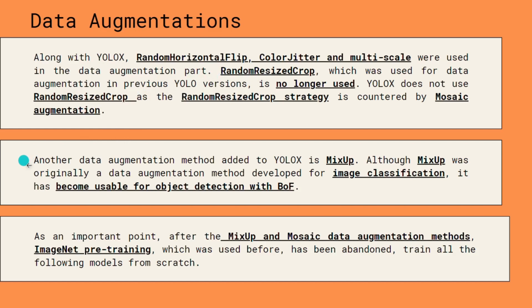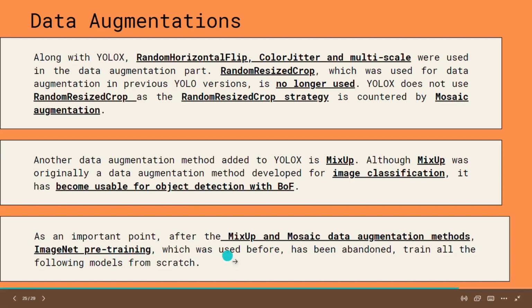Another data augmentation method added to YOLOX is mix-up. Although mix-up was originally a data augmentation method developed for image classification, it has become usable for object detection with bag of freebies. As an important point, after the mix-up and mosaic data augmentation methods, ImageNet pre-training, which was used before, has been abandoned, and all the following models are trained from scratch.